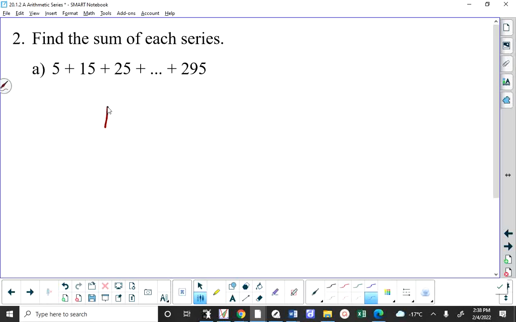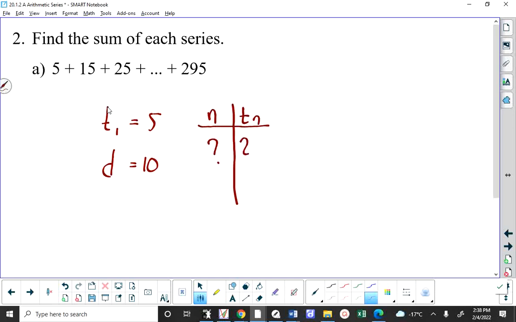So the first term is 5. The common difference is 10. And this is our goal. Now I want to go a little slow with this one and ask you a question so if I know the answer, I can help you more.